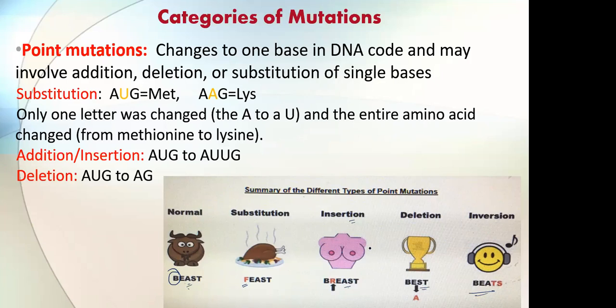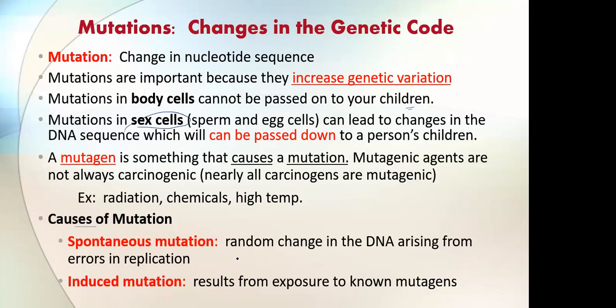So that's the mutation. Now, mutation can be spontaneous. Basically, mutation always occurs in the DNA. During DNA replication, the DNA polymerase can misread or misproofread. That's a spontaneous mutation. Induced mutation results from exposure, like UV rays.